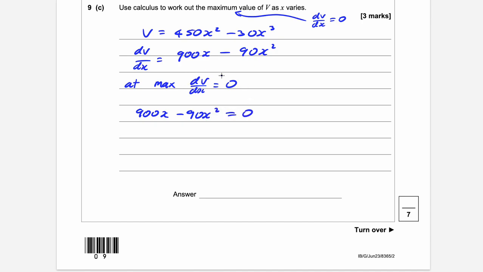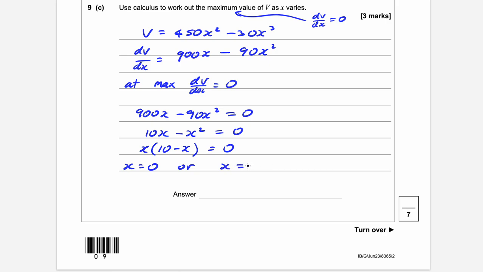At this point, we can divide by 90 because it's equal to 0. So divide everything by 90. This will become 10x minus x squared equals 0. Factorize out the x. x times 10 minus x equals 0.